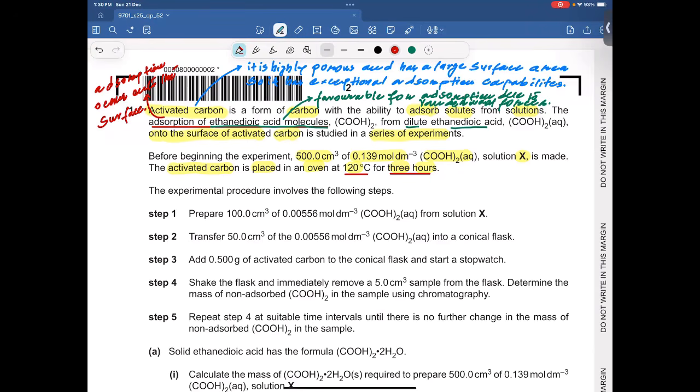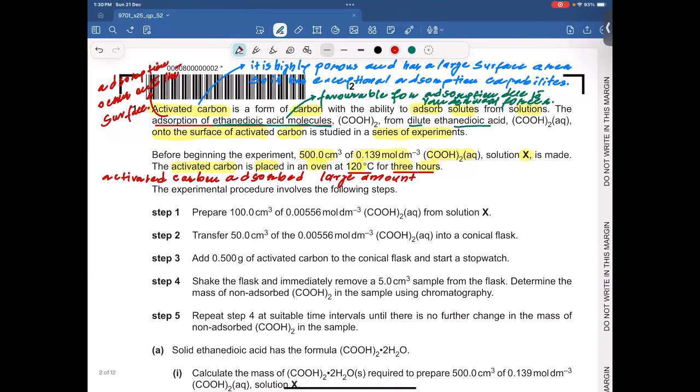So let me write it in a few words. Activated carbon adsorbs large amount of water from air.